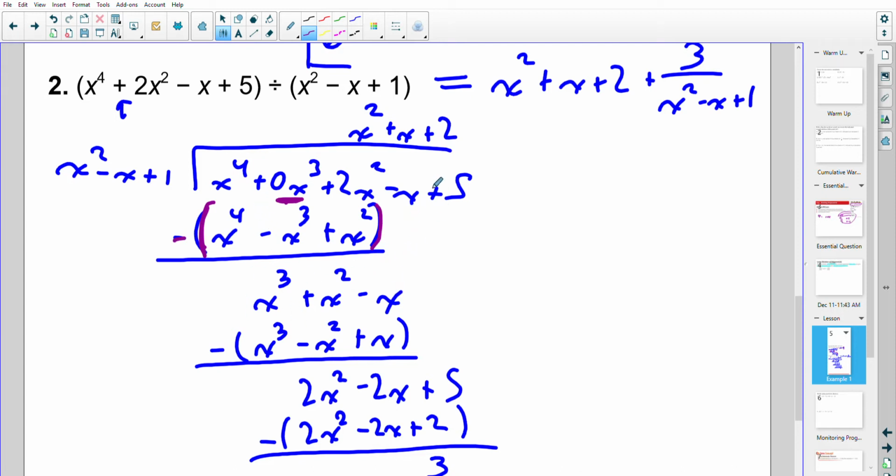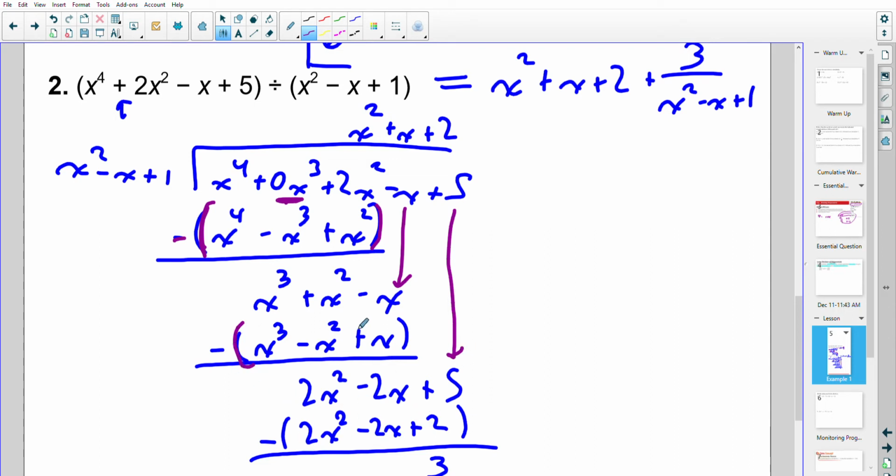If this doesn't equal 0, just bring down the next term and then write what x squared times what gives you x cubed, and that answer is x.